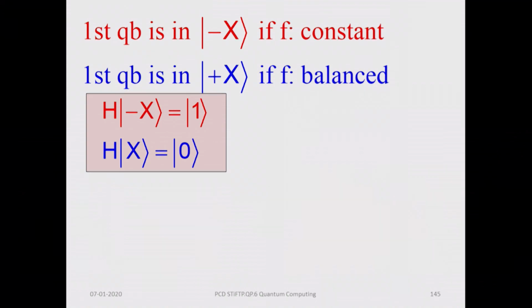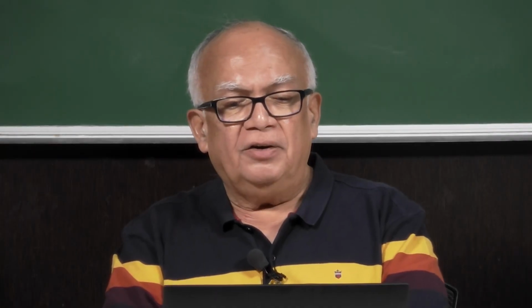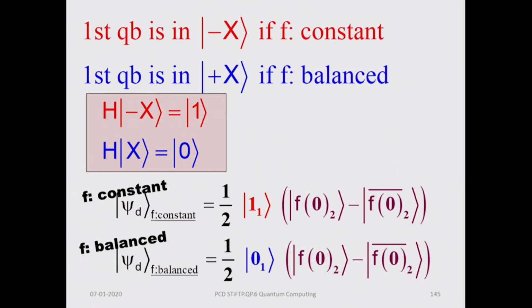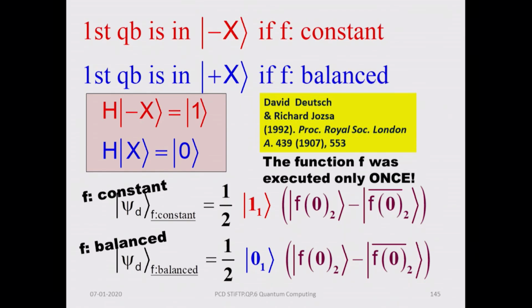Classical digital electronics will not let you do this, whereas the Deutsch gate has achieved it by using the function f only once. So this is the Deutsch algorithm, and there is no classical analog for this. There is nothing in classical digital circuits that you can do to get this result.